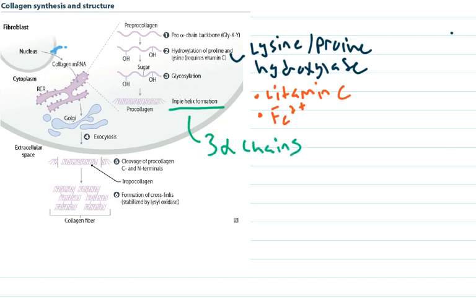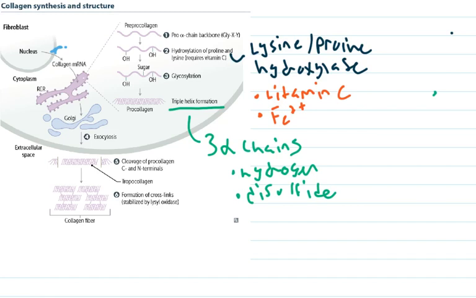So we're going to take three of these pre-procollagen chains, and we're going to essentially create hydrogen and disulfide bonds between the chains. And they're going to create this triple helix. And that's what we call procollagen. So it's ready to be exported out of the cell into the extracellular matrix, and we'll see how that process occurs.